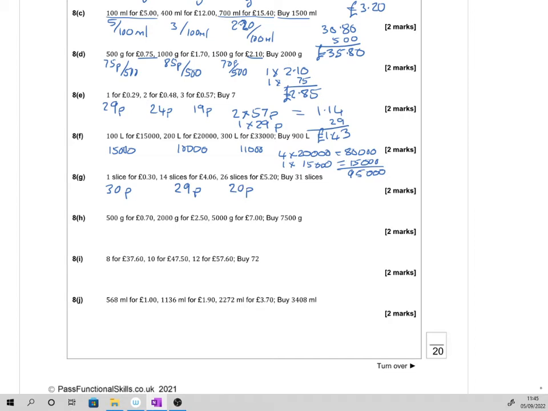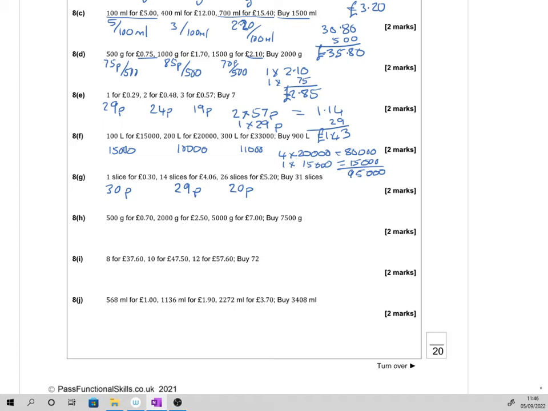So we want to buy 31 slices. So we're going to buy 26. Yeah, and we need another 15. Oh, right, okay.